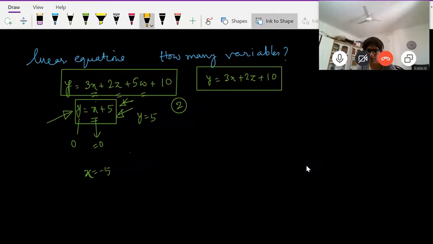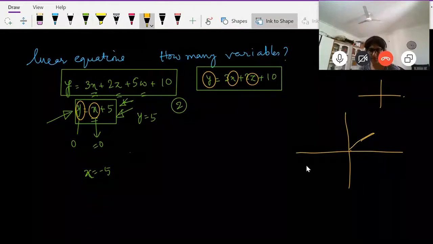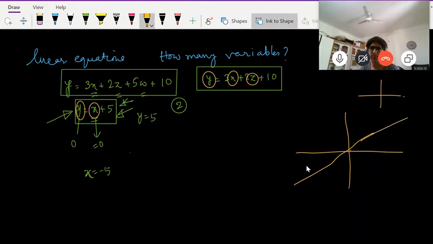So here we had two variables, x and y, right? That's why we have used a two-dimensional plane. Here we have three variables, x, y, and z. So we have to use three coordinates. Right?